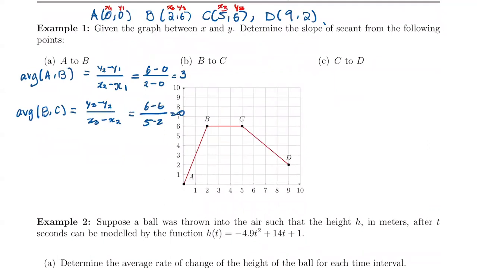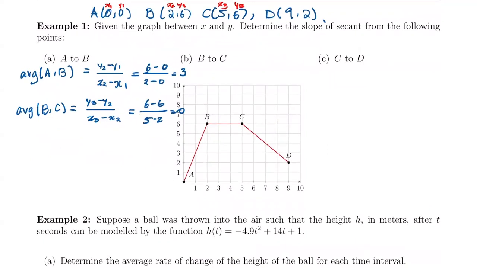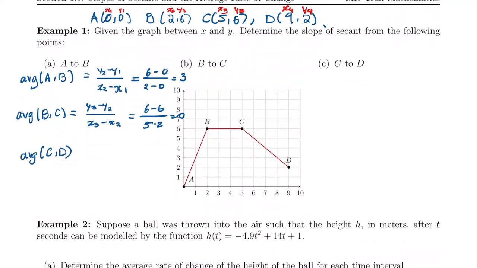And then the last one, between C and D. So we have the average of C to D. We're going to call this x4, y4. Same thing, we're going to take the final point, which is 2, and the initial point, which is 6, and then we take 9 minus 5. The result is just going to be negative 1. So that means between C and D, the curve is going to be decreasing on average by 1 unit.